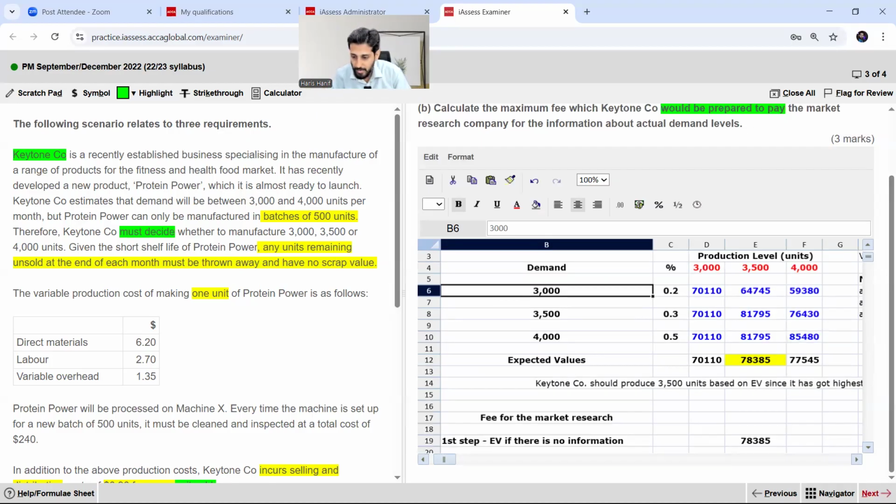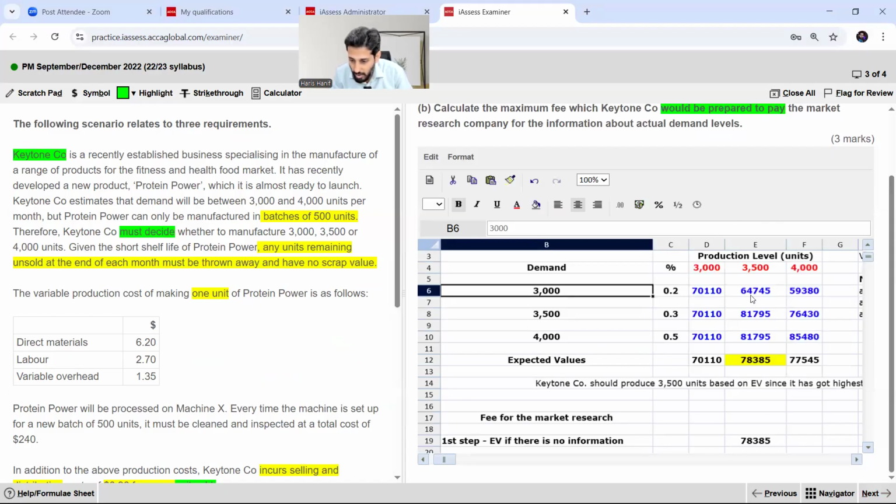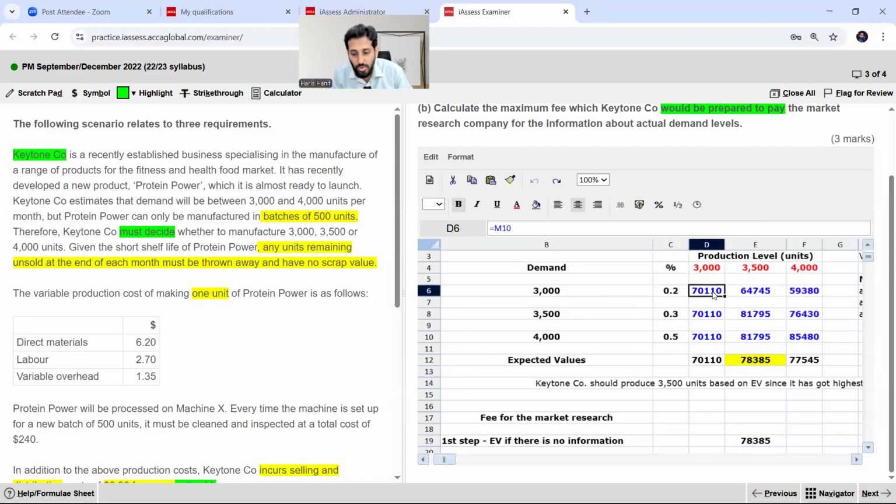Now maximin. What is maximin? Maximin is identifying the least outcome first. What is the least outcome? If I select 3000, this could be the least. At 3500, this could be the least. At 4000, this could be the least. And among all these three least outcomes, the best is 70,000.